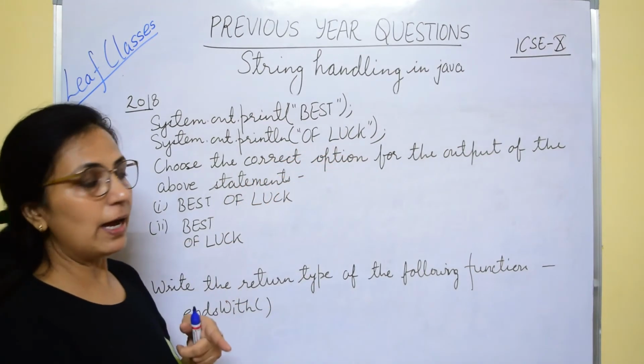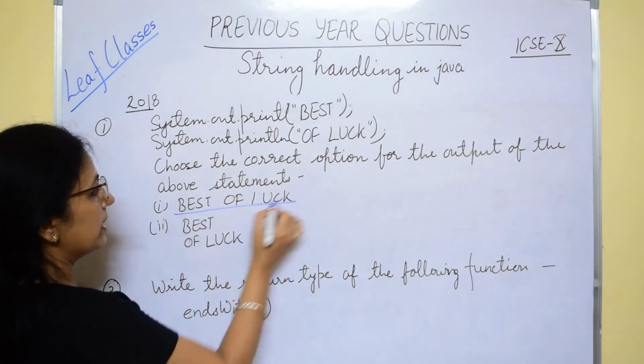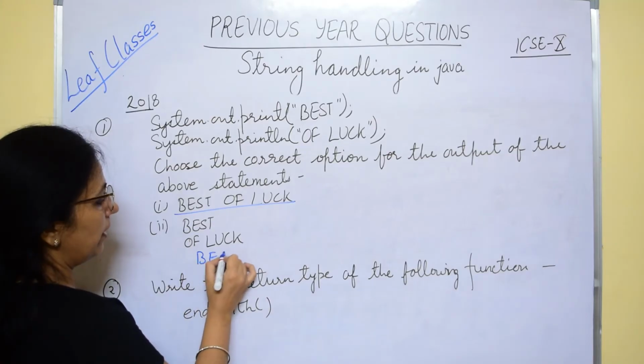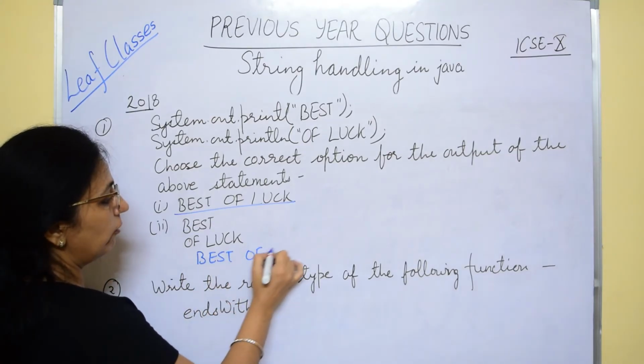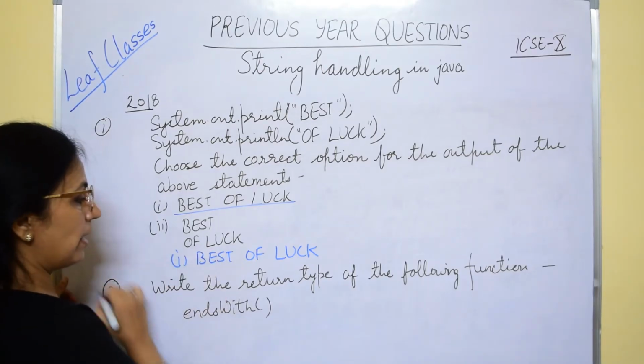So best of luck will be on the same line. So option 1 is the correct option. You will write best of luck and you can put the option number also.